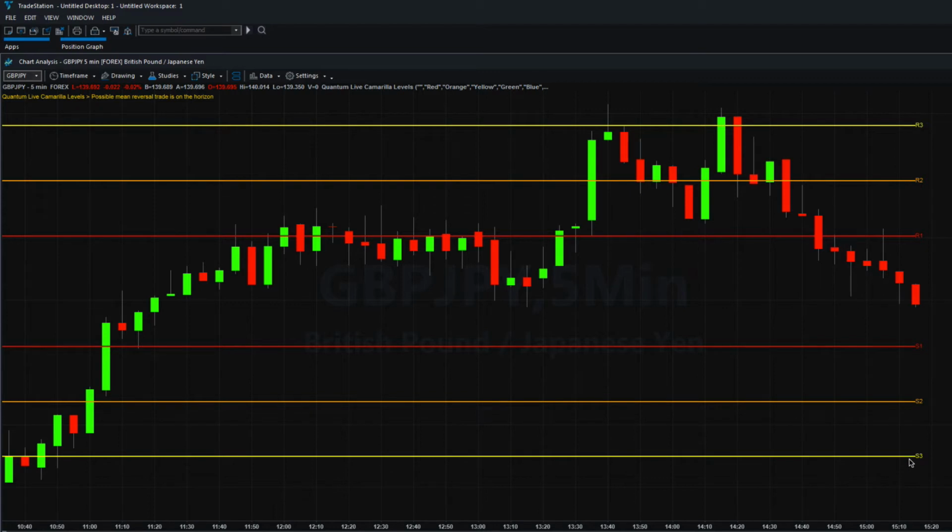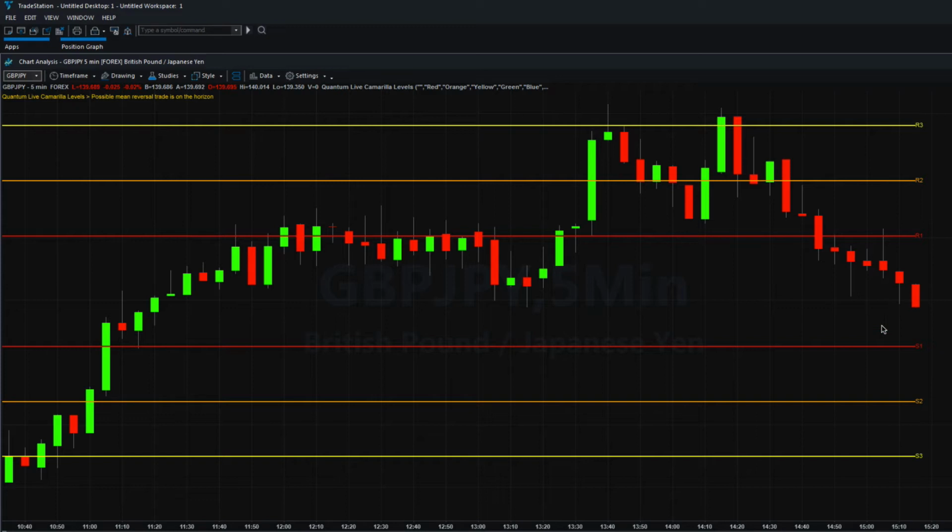So in other words, not only are the R3 and S3 important levels from a potential reversal perspective, they also mirror one another in terms of the potential target as to where we might expect that particular reversal trade to take us. So in this case, we're on the spot pound yen here on 5-minute, and the potential target is to get down to the equivalent S3 down here.